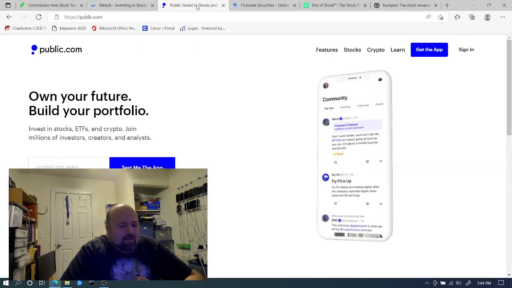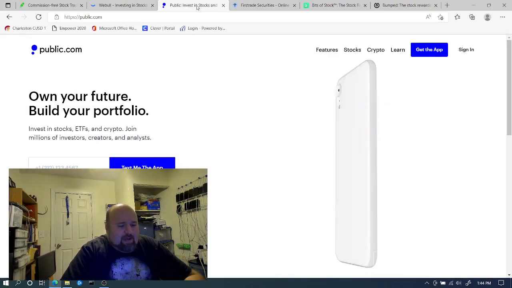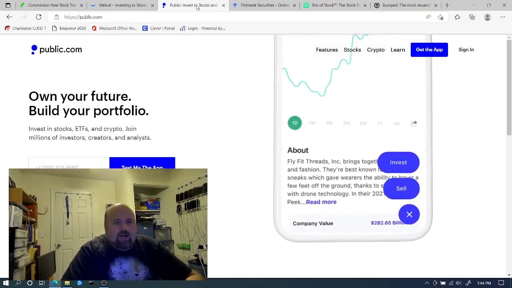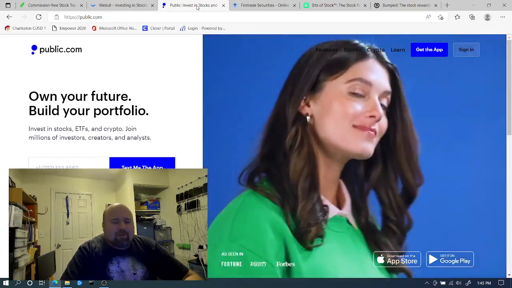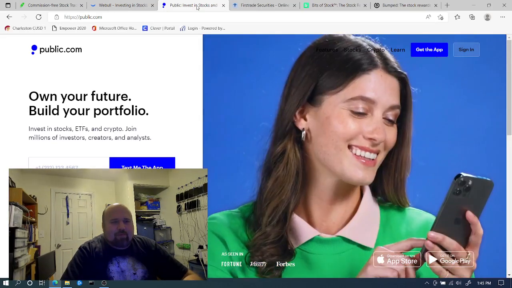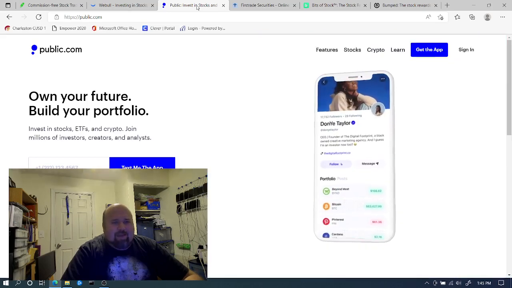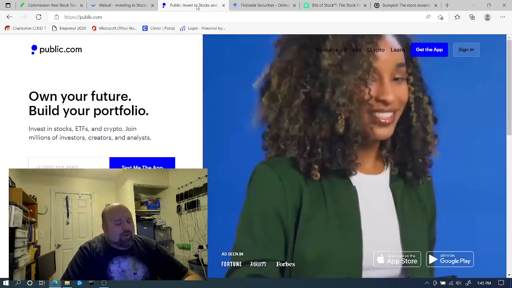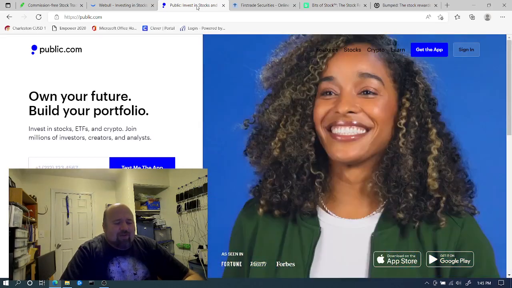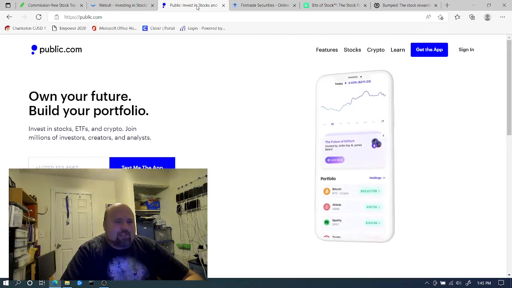The reason I like them is not only can you get a free stock for using my referral, but with Public, they've got it pretty dumbed down for people. They make it really easy for you to buy and sell. Pretty straightforward, really. But they also have a category, kind of like what Coinbase has for crypto.